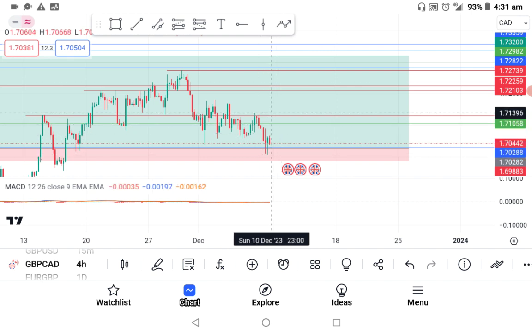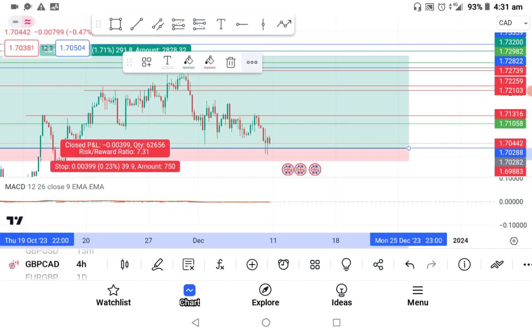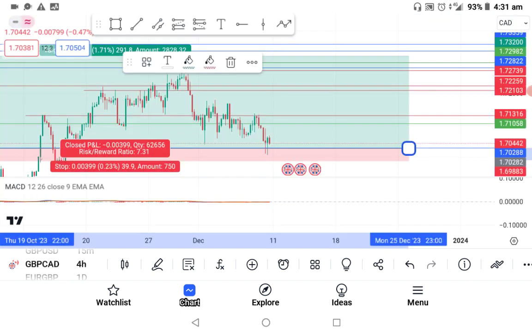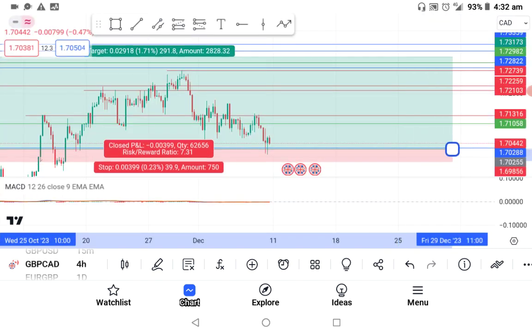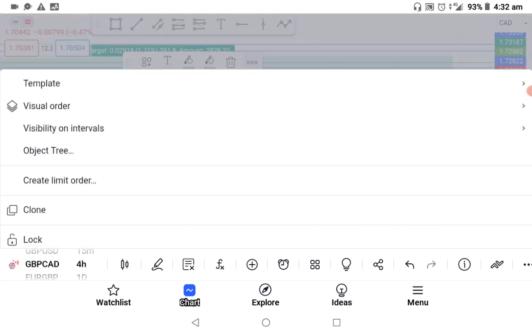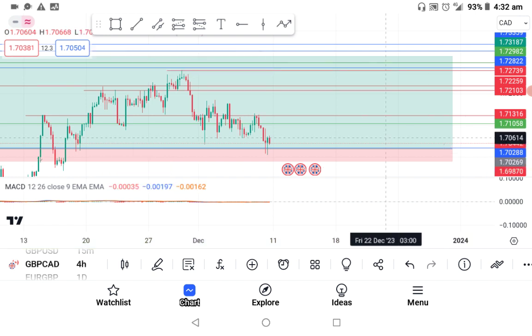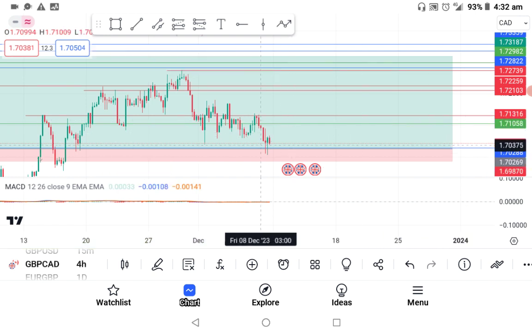So be looking to trade it up. So Great British Pound, Canadian dollars. You're looking to trade it up. You need to be looking to buy.